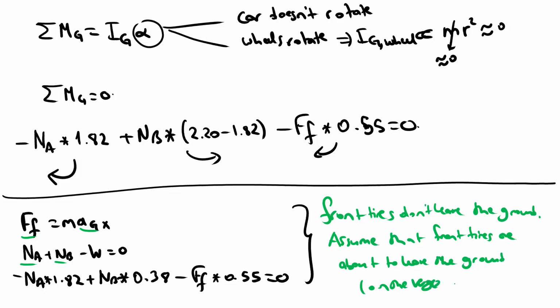It has not left the ground, but it is not on the ground, it's almost. In that case, N of A is equal to 0. Okay, it is on the verge. So in that case, we will have the equations: F of F is m a g x.